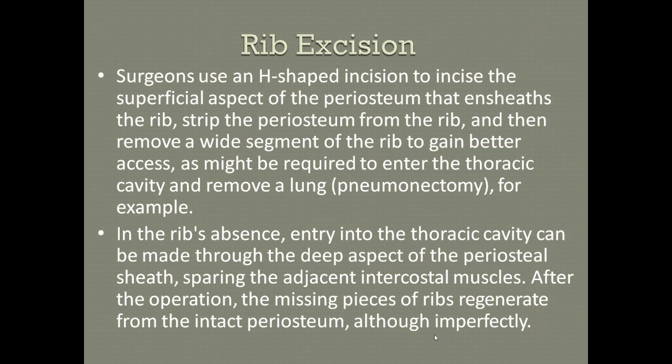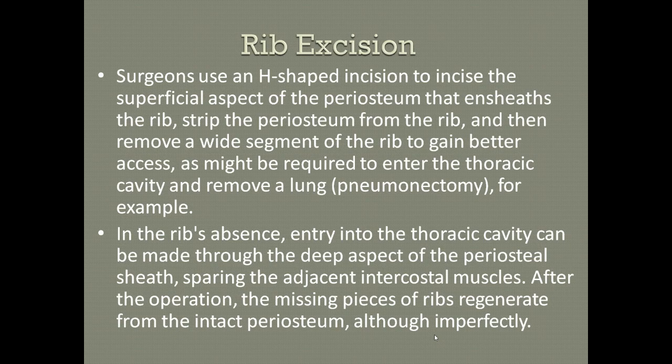Now we'll see the rib excision. Surgeons use an H-shaped incision to incise the superficial aspect of the periosteum that invests the rib. Strip the periosteum from the rib and then remove a wide segment of the rib to gain better access, as might be required to enter the thoracic cavity and remove a lung, for example.